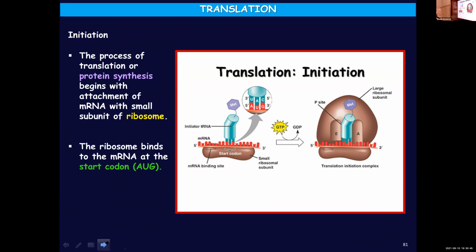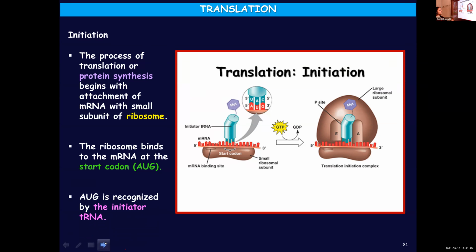The start codon is AUG. AUG codes for methionine and also it is the start codon where the process begins.